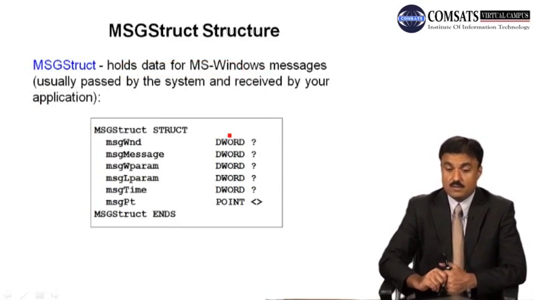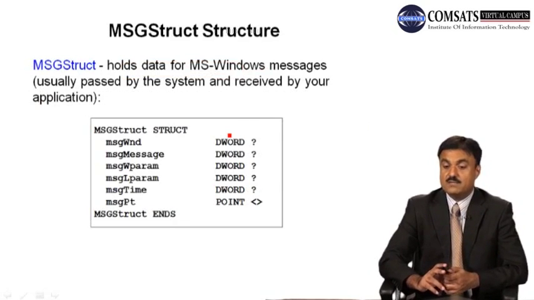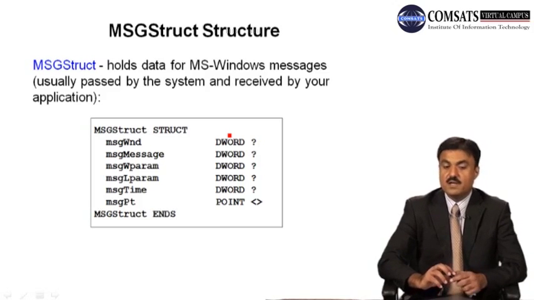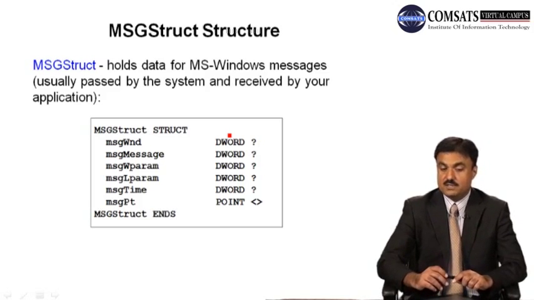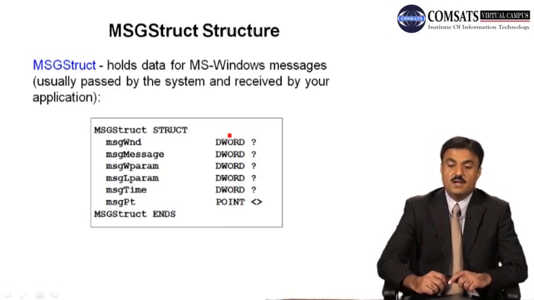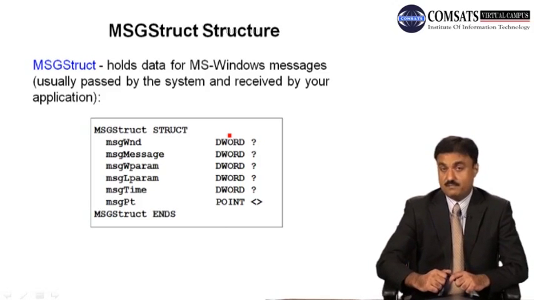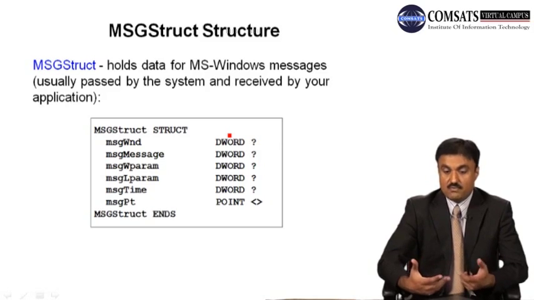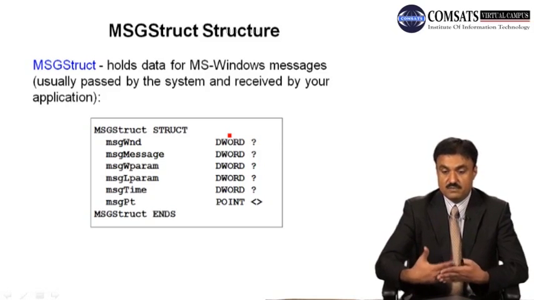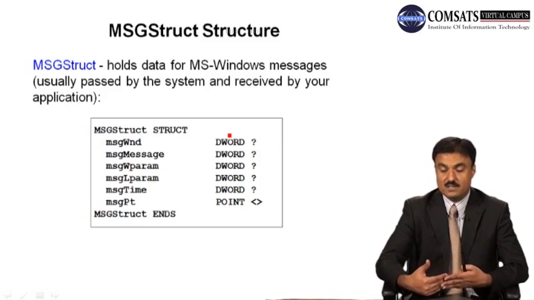Now we have the message structure. One thing that is more common, this message structure will hold the data for MS Windows messages. What are these MS Windows messages? This is the information usually passed by the system and received by our application. So this type of information is passed between Windows, by the system, and our application.